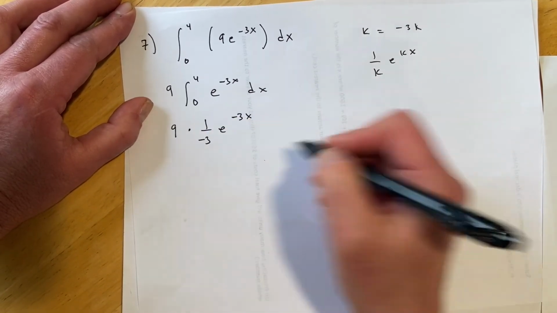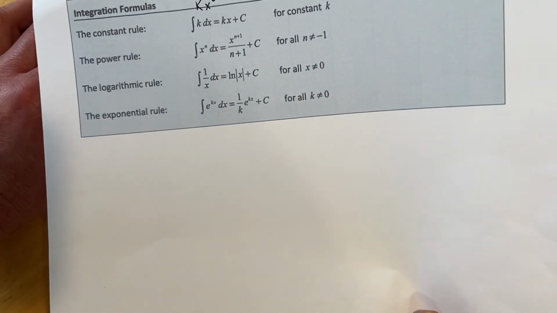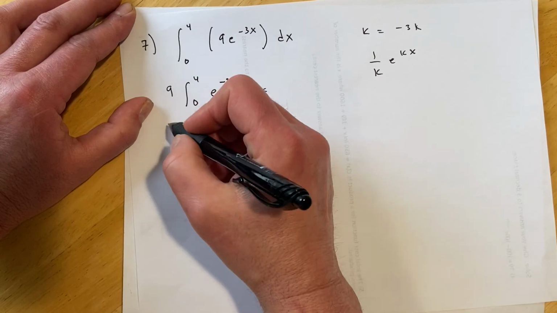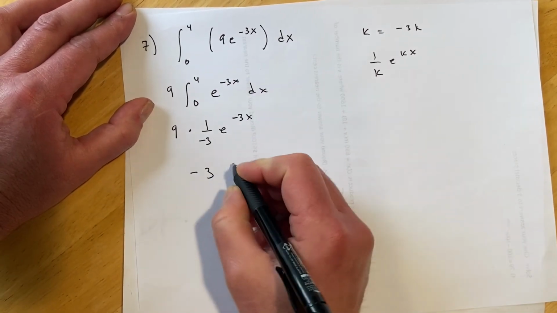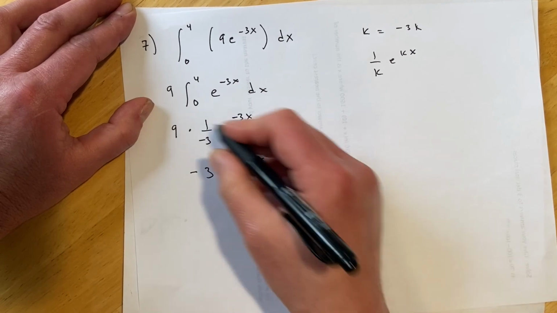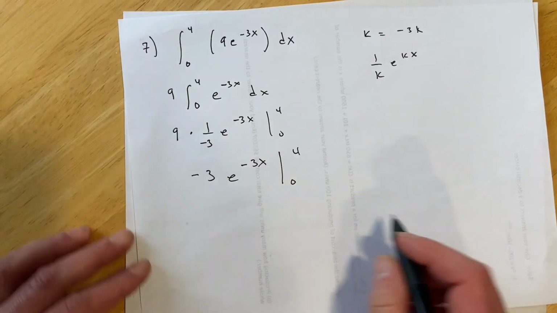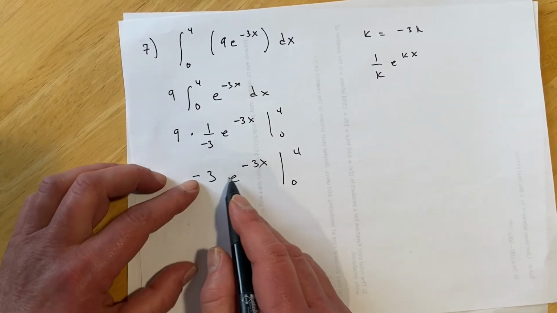And again, you can do that by the same u substitution I did, or you can do it by the integration formula. Canceling there, we're going to get negative 3e to the negative 3x evaluated from 0 to 4. So I can write this a couple of ways.